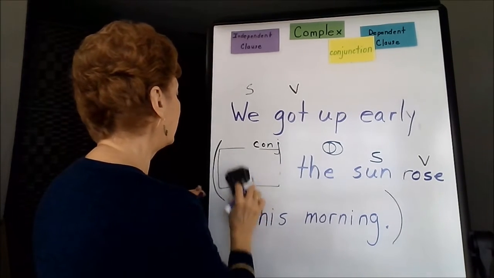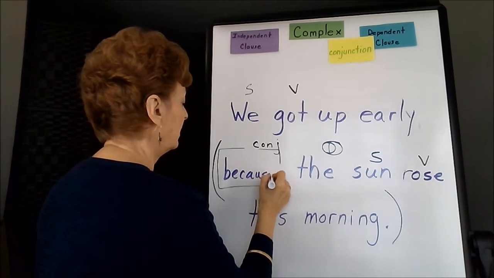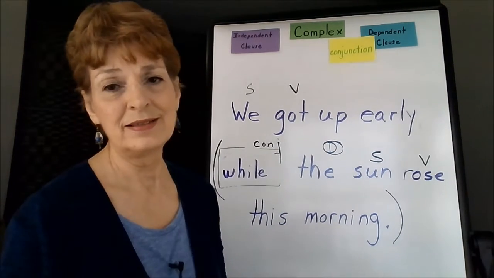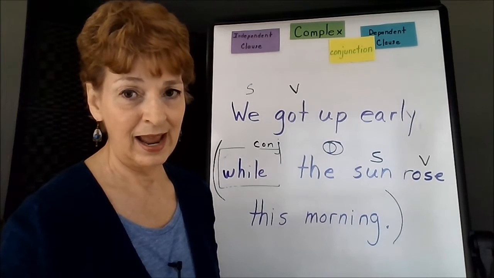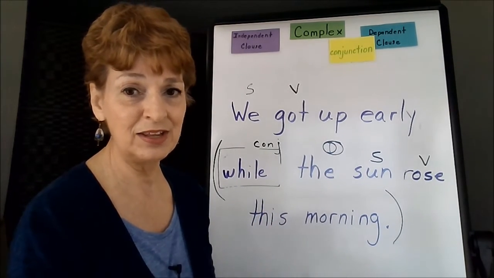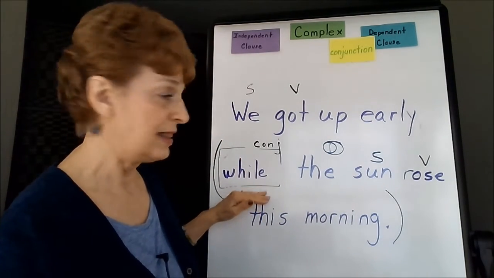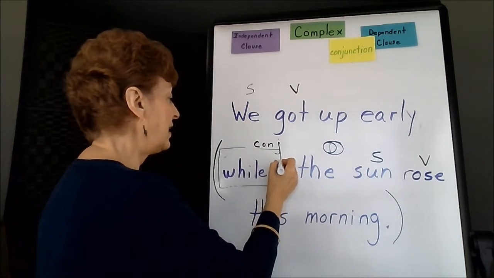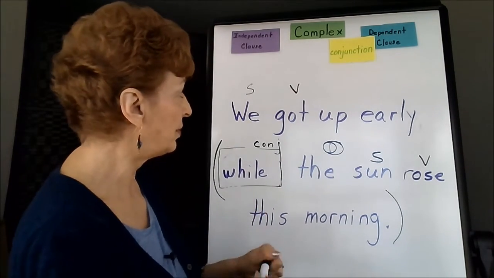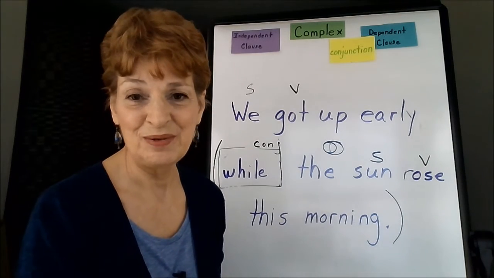We got up early because the sun rose this morning. So many choices. And the preciseness of what you want to say, your thoughts and thinking, you can interchange these subordinating conjunctions in the complex sentence structure to say precisely what you want to say.